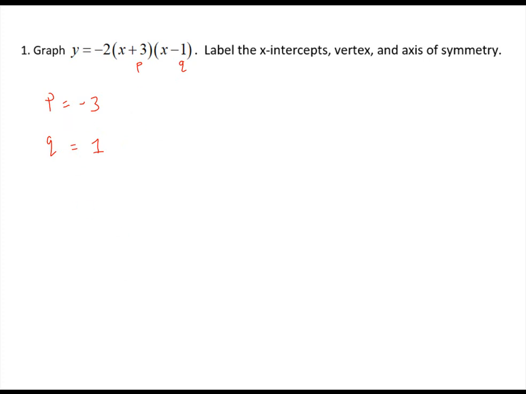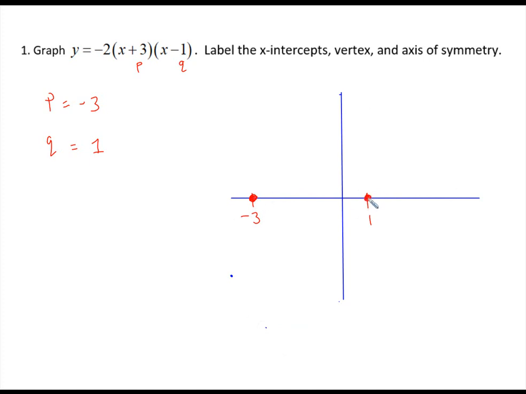So now that we have p and q, let's make a sketch of the graph. We know that the graph is going to cross through -3 and +1 on the x-axis, right?